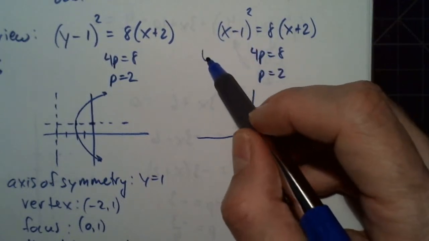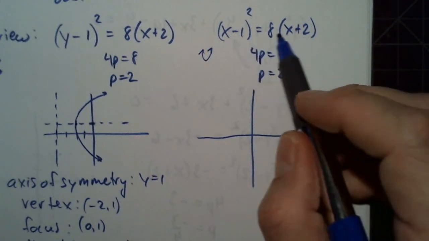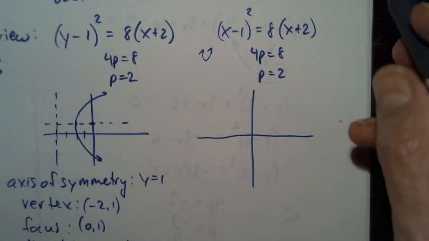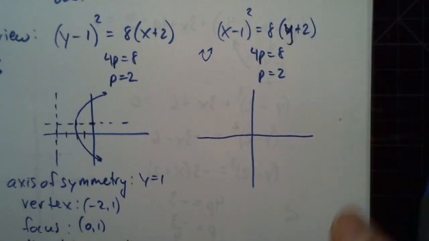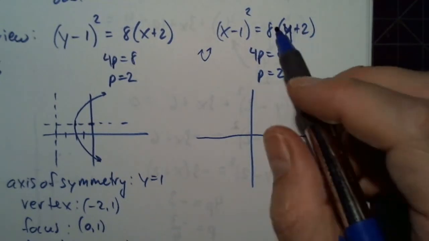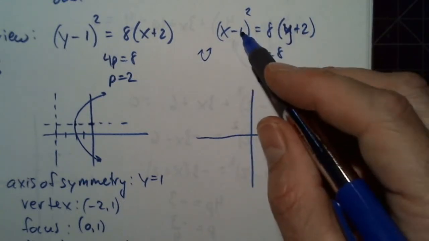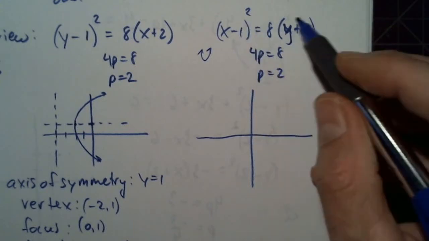X is squared, so it's going to open vertically. The vertex is, I need to change that. This should have a y plus 2. And it's going to open vertically. We're going to move right 1, down 2.